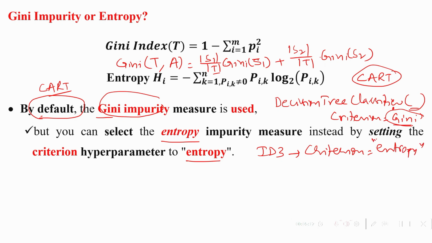Then only we implement the ID3 algorithm, which uses the concept of entropy. So if you want to implement ID3, you have to select criterion equals entropy. Suppose you want to implement the CART algorithm, the default value is Gini only. You don't need to set any value as Gini, since it is the default available in the decision tree classifier. So that is the major difference in how to select the corresponding algorithm.